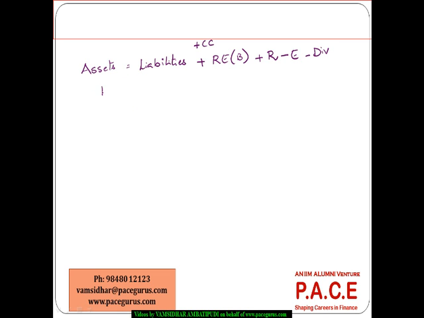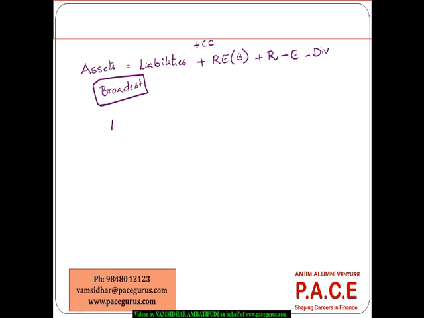This is the broadest form of the accounting equation, which has to be met in all conditions. This equation should be balanced. The assets should be balanced with the summation of all these various elements on the right hand side, and that equation has to be met in all cases.